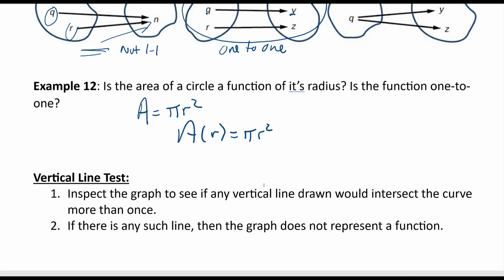Meaning, let's just say it this way, like a of 3. If the radius is 3, you have pi times 3 squared, which is 9 pi. Is there another way to get to 9 pi?